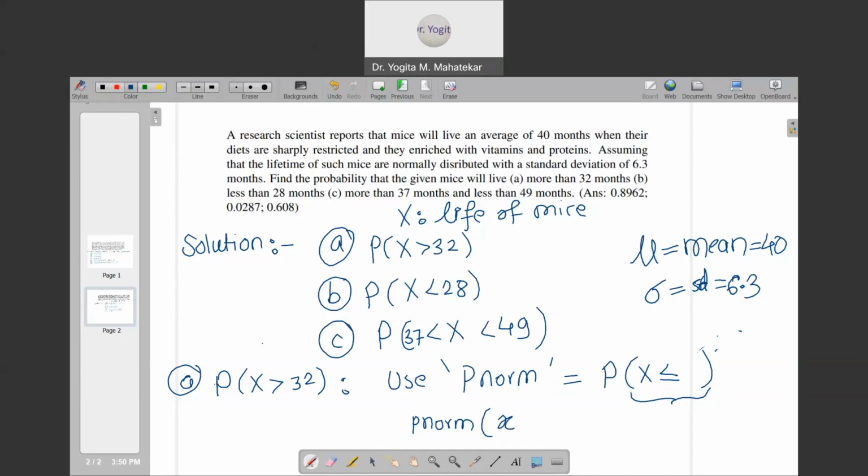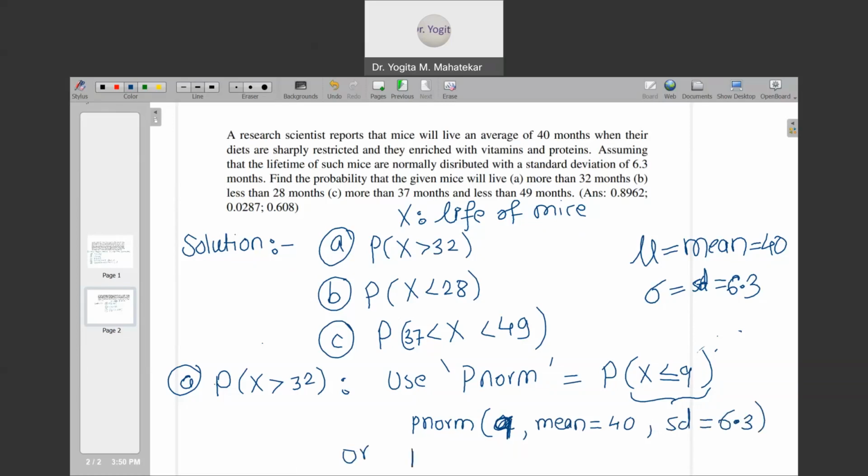We will write it like this: pnorm, your first parameter will be q, comma, whatever your mean is. Your mean is 40 months, so I will write mean is equal to 40, and standard deviation SD is equal to 6.3. If you write this kind of command, it will give you the correct answer.